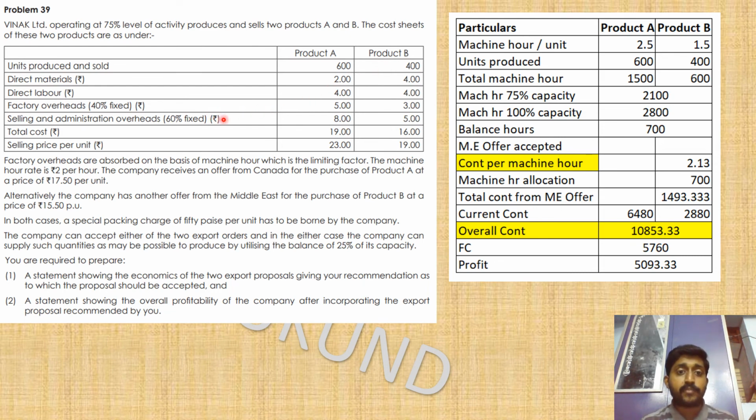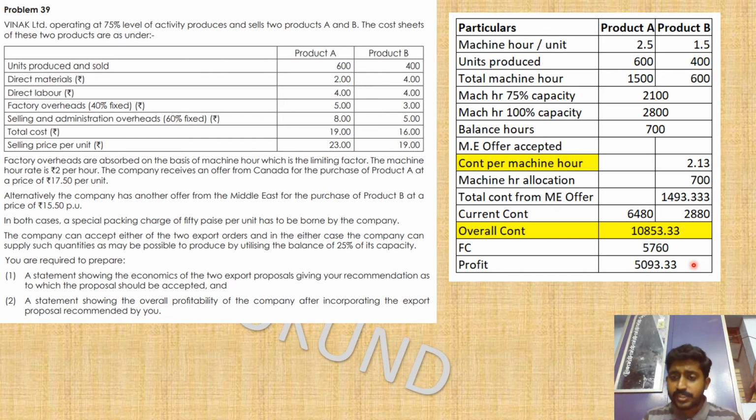In the same way, apply and find the fixed selling and administration overhead. Total it, and you will get 5,760 as the total fixed cost. Fixed cost will not change. Let it be 75% capacity, let it be 100% capacity, fixed cost is going to remain constant. So 5,760 is constant. If you reduce that, the overall profitability is 5,093.